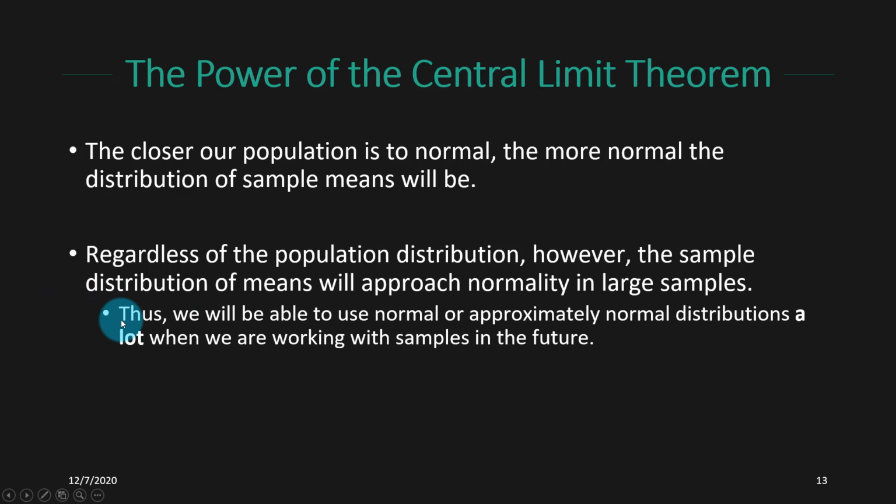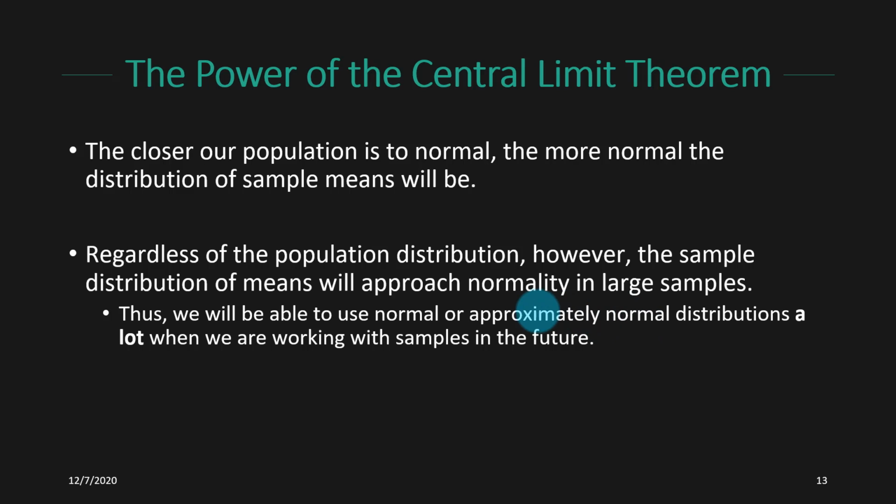And so we're going to get into more detail about what an approximately normal distribution means. But in any practical sense, once your sample size gets large enough, we can assume that this will be a normal distribution, or so close to normal that it's a fairly trivial difference as the sample sizes get larger and larger.